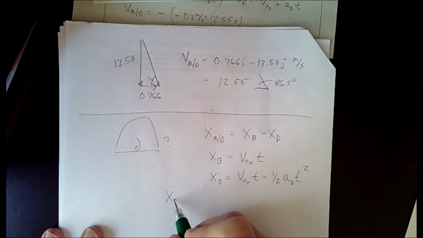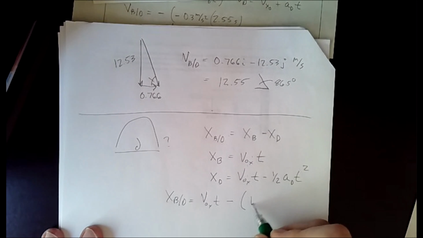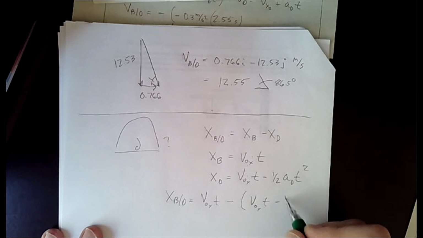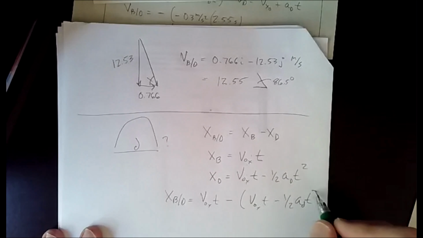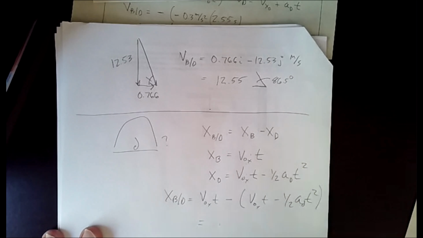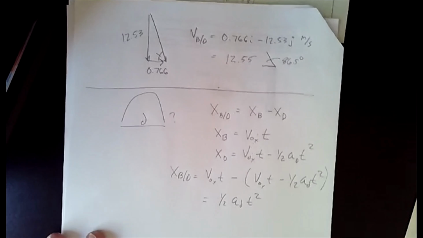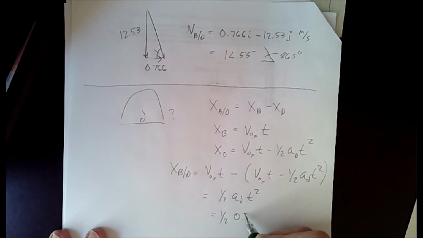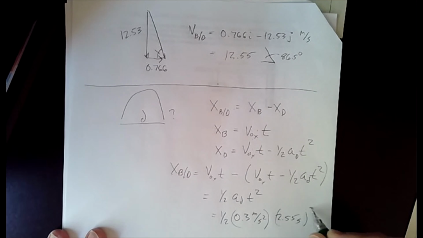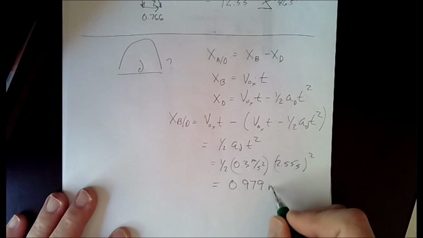So what we end up with is xb relative to d equals initial velocity times time minus initial velocity times time minus 1/2 acceleration of the deck, t squared, or essentially just equal to 1/2 acceleration of the deck, t squared, which we know is 1/2 times 0.3 meters per second squared times the time squared, which was 2.55 seconds squared. And that gives us a nice 0.979 meters.